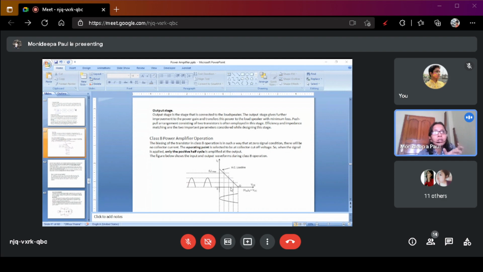We get the output only during the positive half cycle of the AC input signal. During the positive half cycle of the AC input signal, we get only the collector current. This is called class B power amplifier.